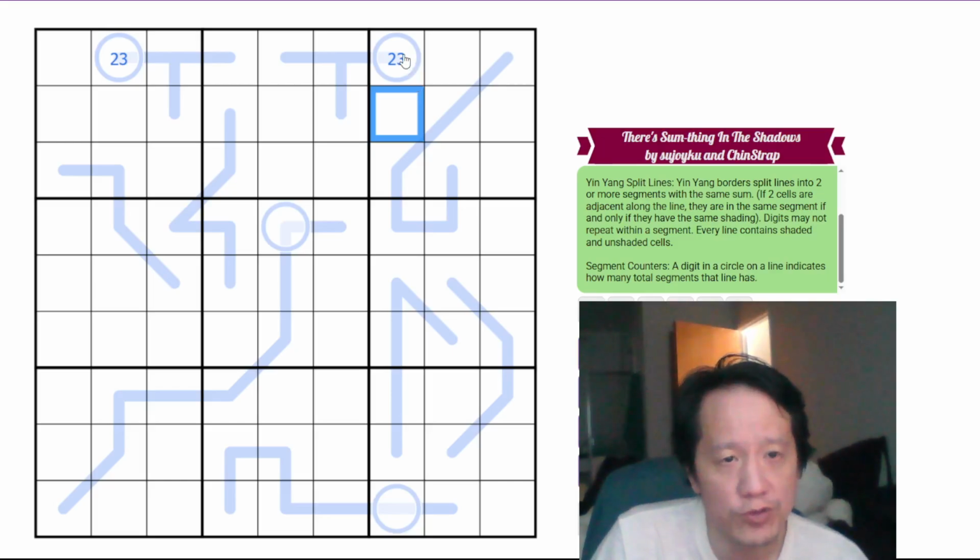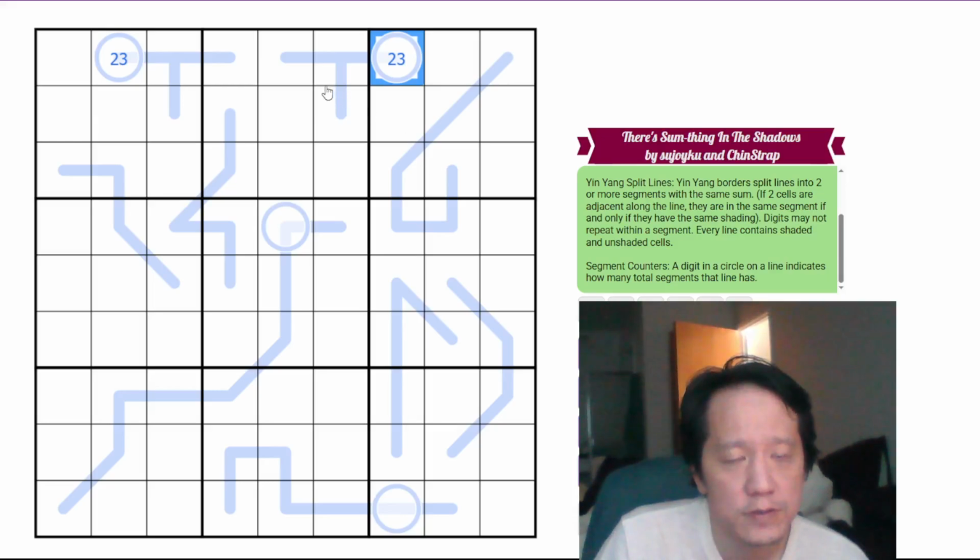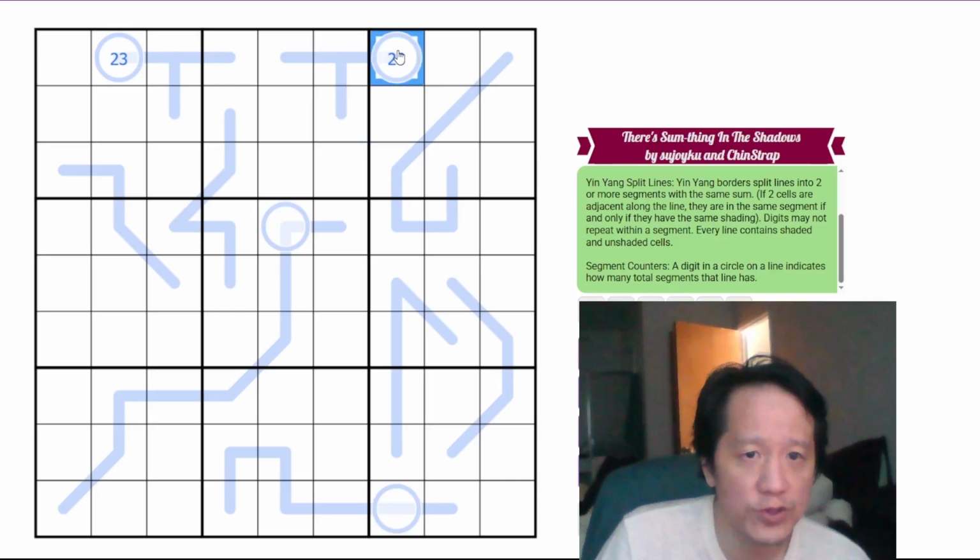If this were 3, the problem is 2 of these digits would have to be basically the same. Because if this were 3 and this were another, I guess it could be 3 and 2, 1.